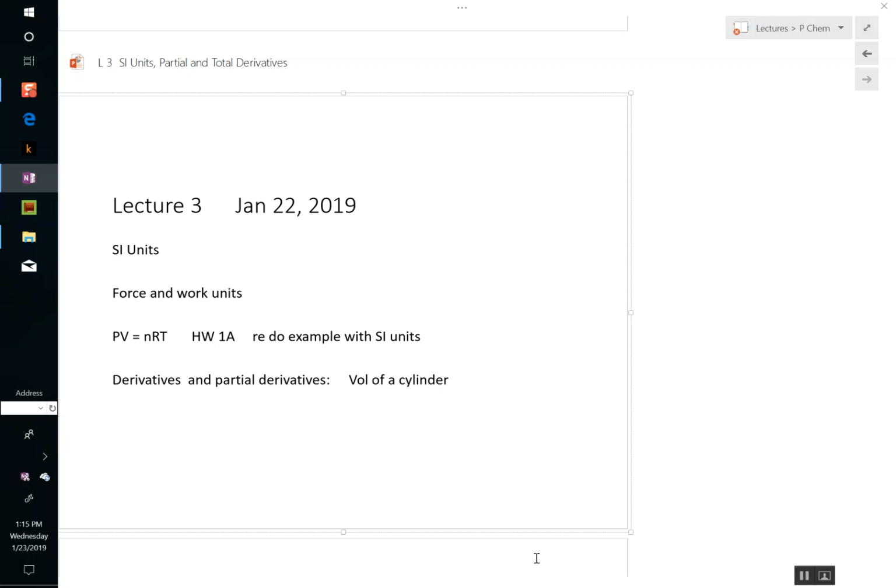So let's do differentiation of this equation right now. What is dV? It's going to be the partial of V with respect to R at constant H, plus the partial of V with respect to H at constant R.